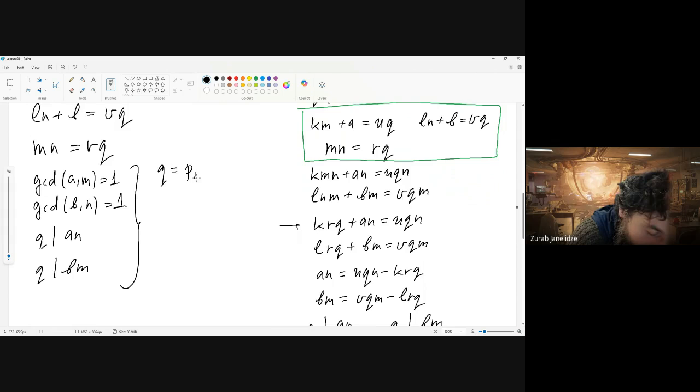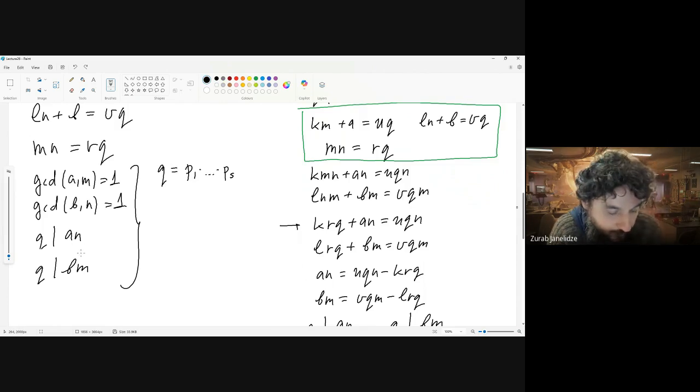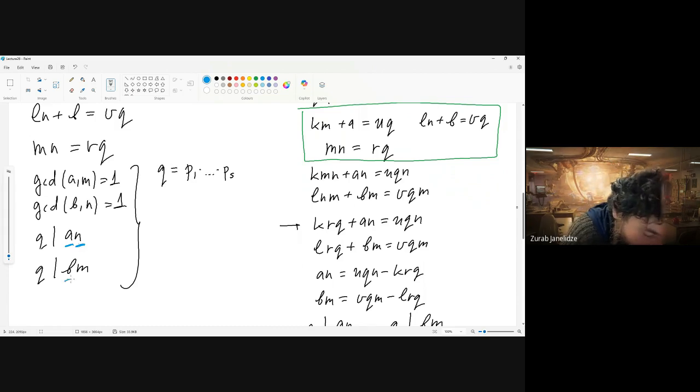So let's say Q equals P1 times all the way to PS. These are the primes in the decomposition of Q. Because Q divides AN, some of these primes will be in the decomposition of A, and some of them will be in the prime decomposition of N, and some of them might be in both. But the same primes must also appear in B and M.